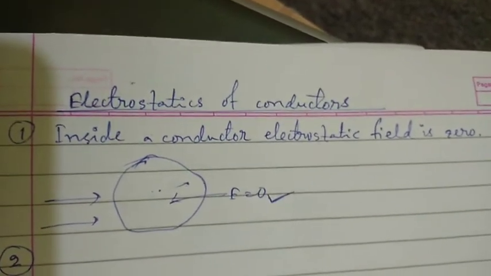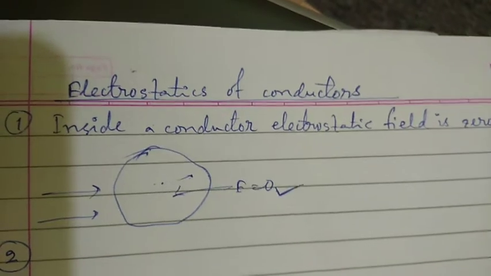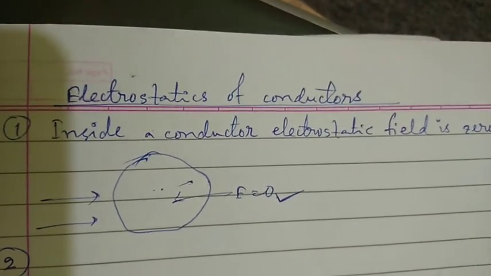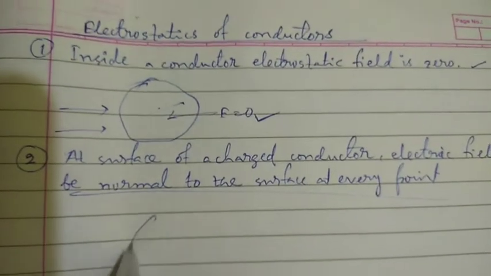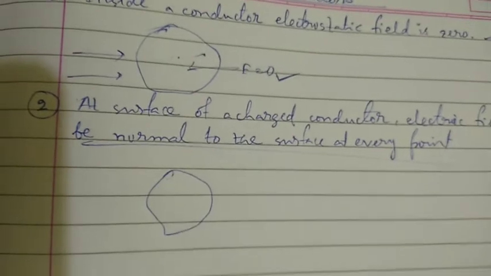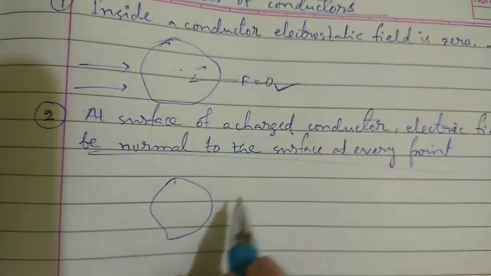Now the second point is, at the surface of a charged conductor, the electric field must be normal to the surface at every point. To understand this, let us consider a conductor of any shape. Suppose it has some charges, due to which it produces some electric field.